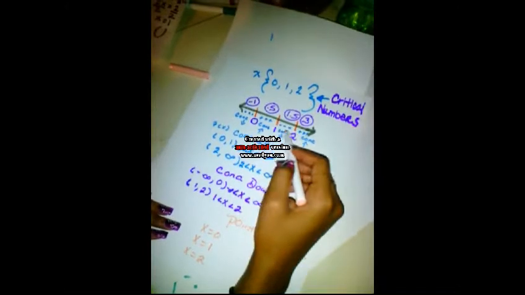And then we have x equals 1, went from positive to negative at 1, and then we have x equals 2 because it went from negative to positive at 2. And those are points of inflection.